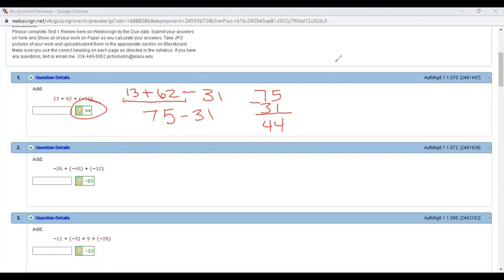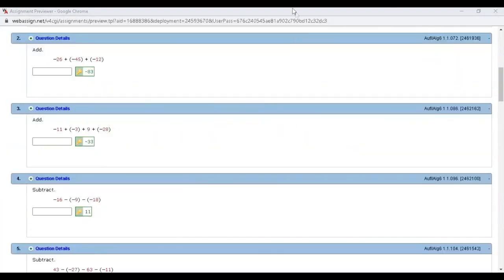So let's keep going. For number 2, we have negative 26 plus negative 45 plus negative 12. Because all 3 of these terms are negative, we can actually just add up all of the negative numbers. The logic behind this: your bank account is negative 26.